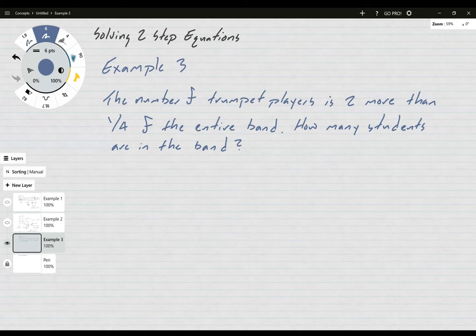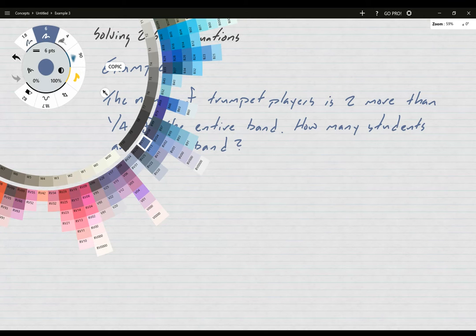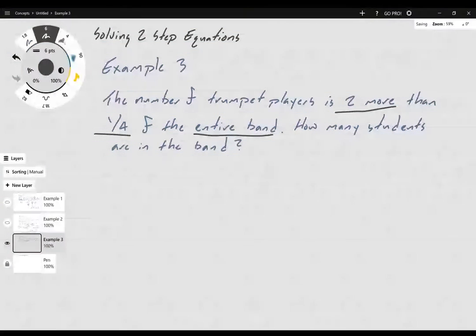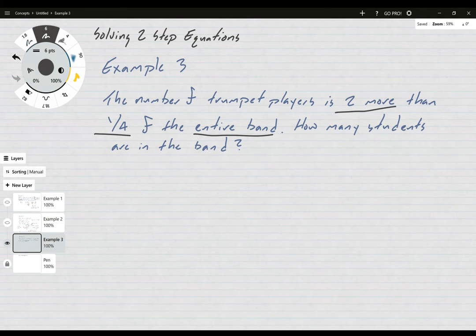All right, so there's a couple pieces of information that were given to us. We know that there are 2 more than 1/4 of the entire band. We don't know how many people are in the band, so we're going to use B to represent the number of band members.